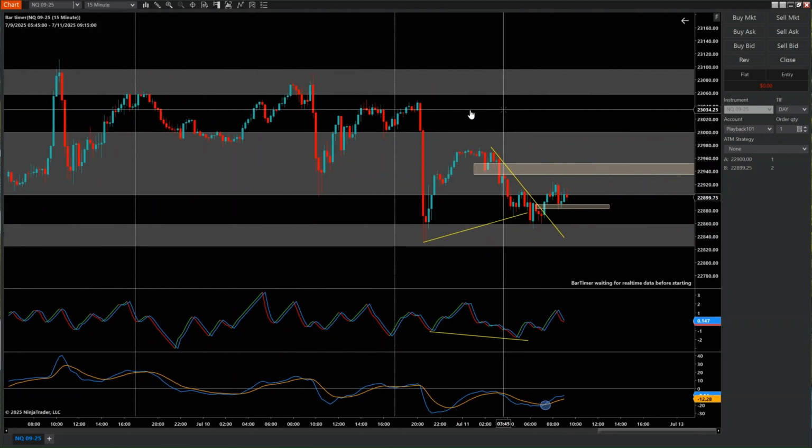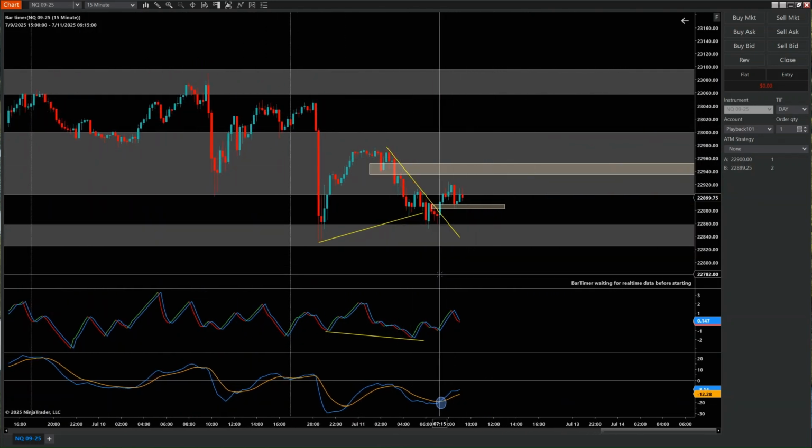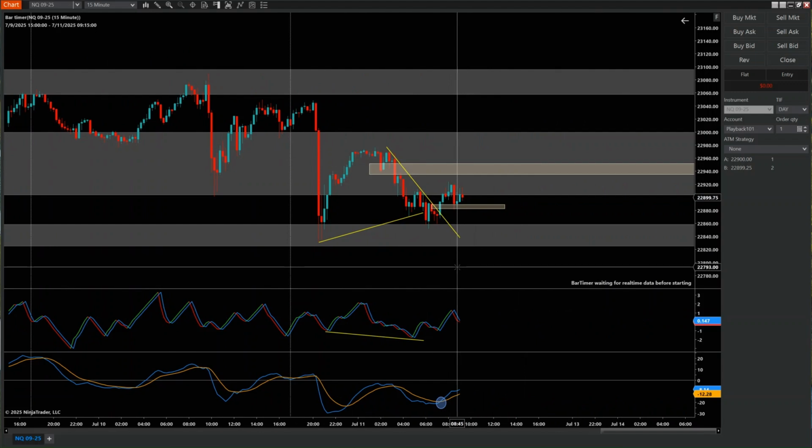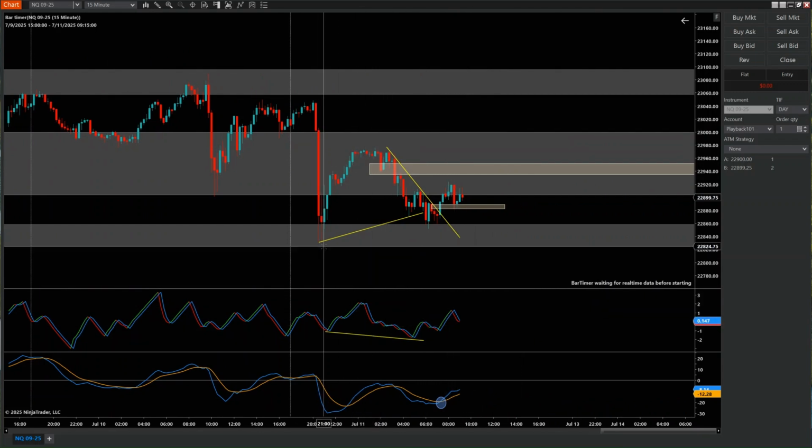So with that in mind, guys, that was the bias going into the open. I see price moving upwards, mainly because we're getting a divergent gap setup, right? And we have the MACD that's bullish. So let's jump over to the trade and see how it played out in real time.